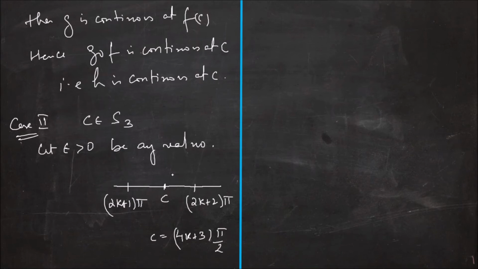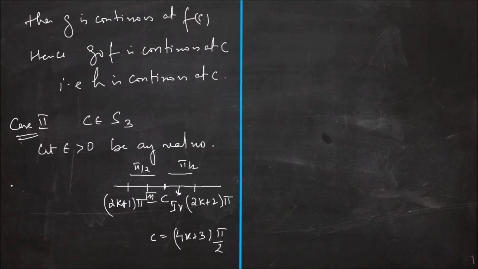So this distance is π/2 and this distance is π/2. The point to the right of (4k+3)π/2 is in the fourth quadrant and the point to the left is in the third quadrant. So sin x is negative in both cases.